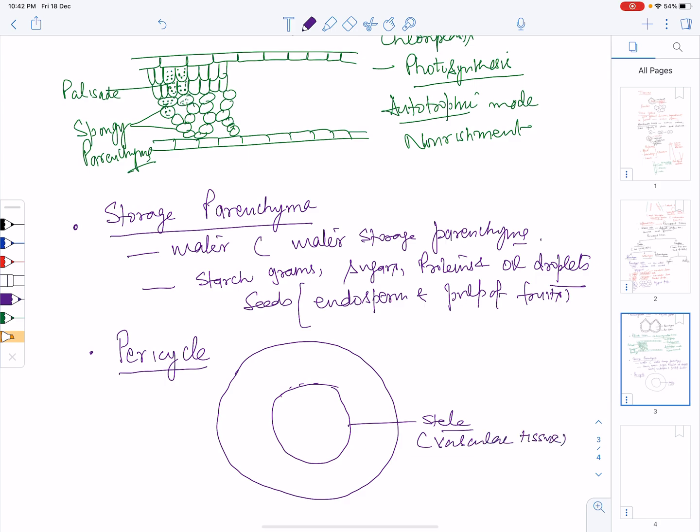Now this outermost layer is endodermis, which is bounding the xylem and phloem, and inner to this endodermis is a thin layer of parenchyma cells. This is called as pericycle.